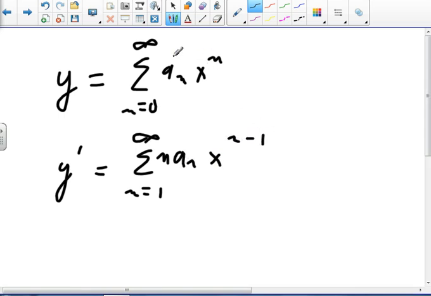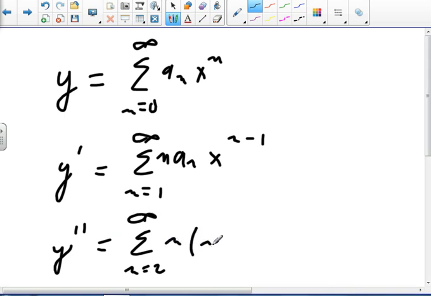So I take the n, put it out in front, subtract 1 from the exponent, and then I look at the second derivative and say, well, that's going to look like the sum from n equals 2 to infinity of n(n minus 1) a_n x to the n minus 2. And now we have a method to use this series expansion to find the solution to a differential equation. So we'll try to do that.